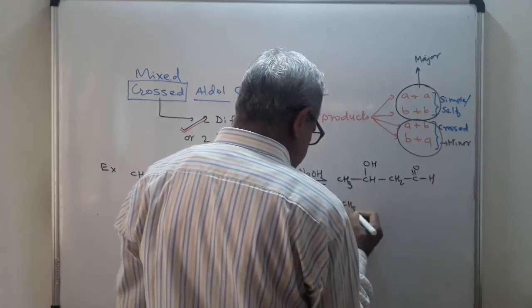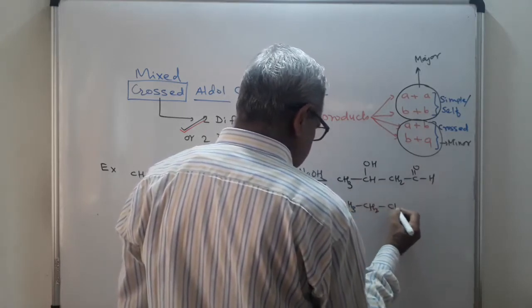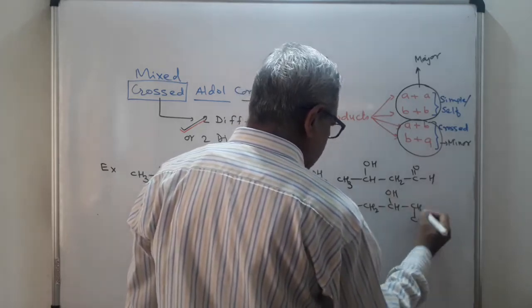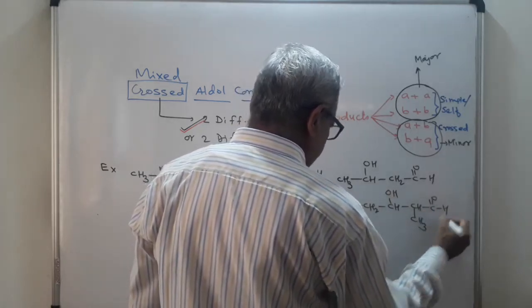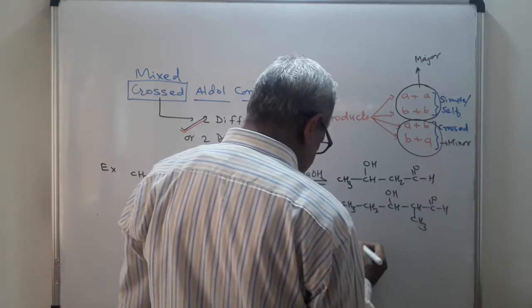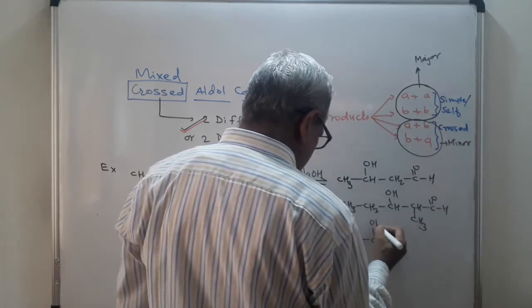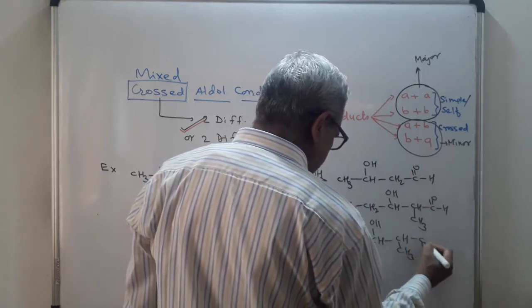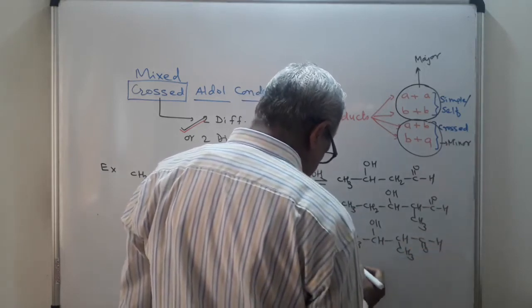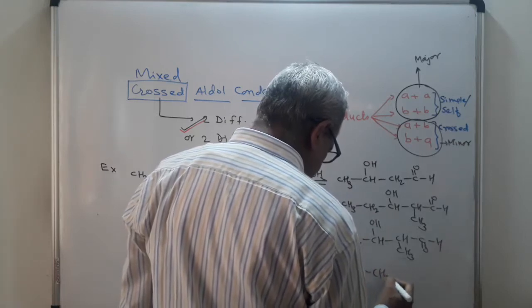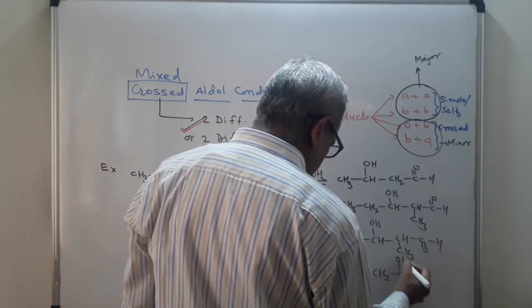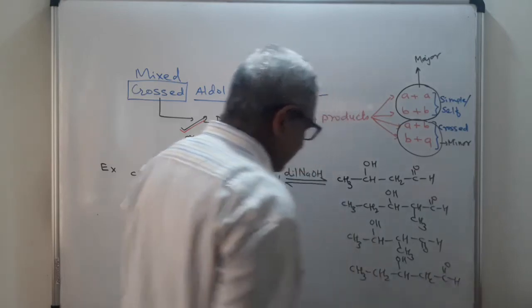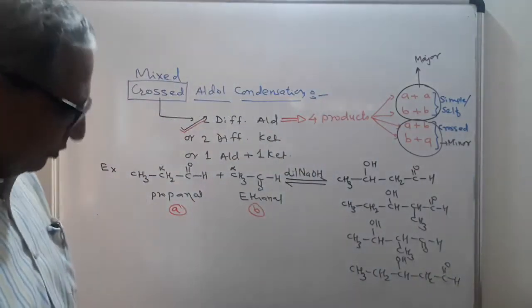Second product, CH3CH2CHOHCH(CH3)CHO. Third product, CH3CHOHCH(CH3)CHO. Next product, CH3CH2CHOHCH2CHO. Now these are the four products you will get here.